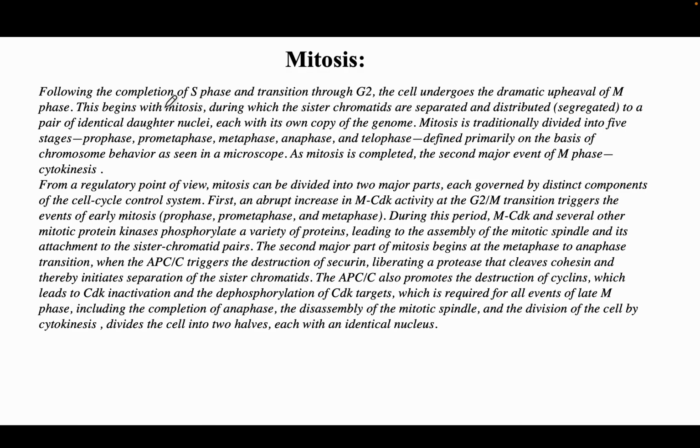After completion of S phase, when the cell transits to G2, the cell undergoes the dramatic upheaval of M phase. The cell starts preparing itself for M phase. This begins with mitosis, during which the sister chromatids are separated and distributed to a pair of identical daughter nuclei, each with its own copy of the genome.